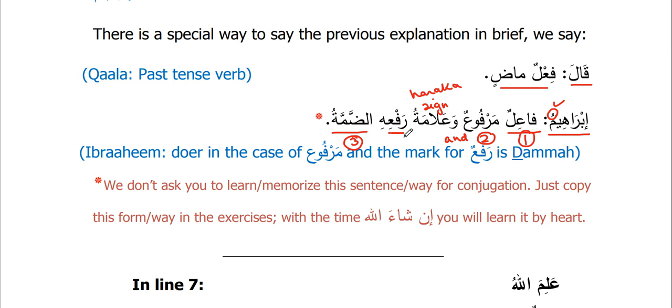So the haraka dhamma is making this noun Ibrahim into marfu' case. So this is actually you proving your statement. That's called giving the i'rab of each and every noun and verb in Arabic.